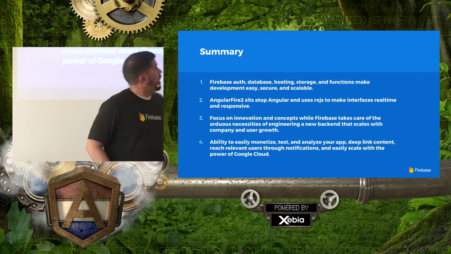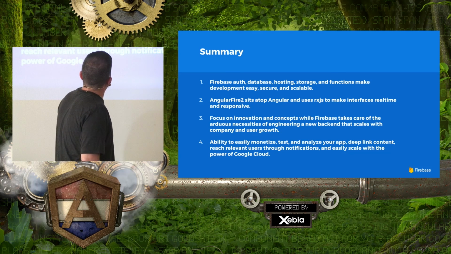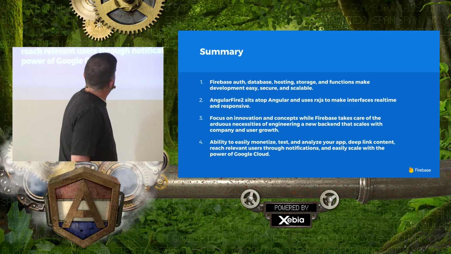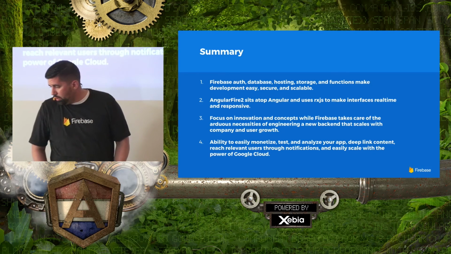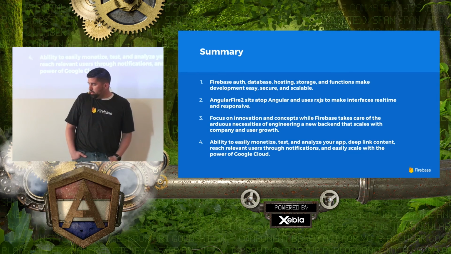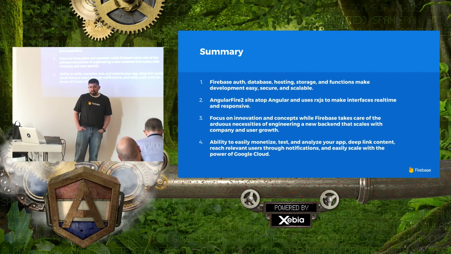So a quick summary: auth, database, hosting, storage, and functions make development easy, secure, and scalable. AngularFire2 sits on top of Angular. It's maintained by Googlers, just like Angular is maintained by Googlers, so you know it won't die on the vine like some of the other products.